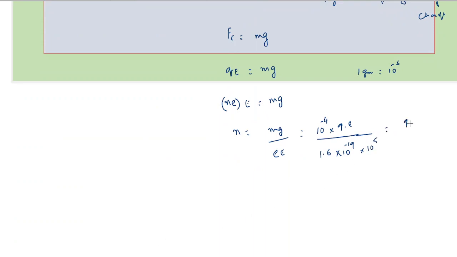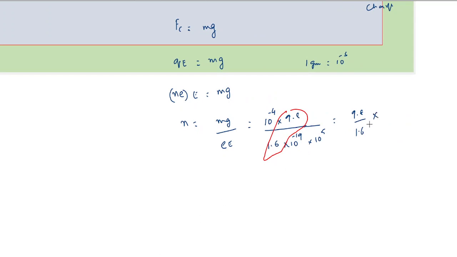We can write this as 9.8 by 1.6. We have pulled out these two terms, and the remaining would be only powers. So into 10^-4, and it becomes plus 19 in the numerator and then minus 5. So this becomes 10^10, and 9.8 by 1.6 is 6.125. Therefore n is equal to 6.125 × 10^10.